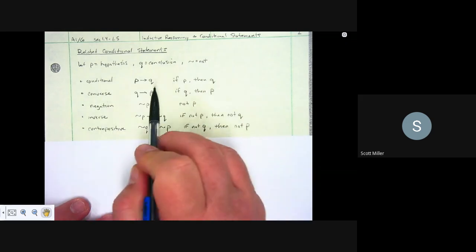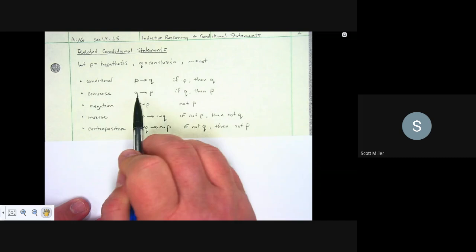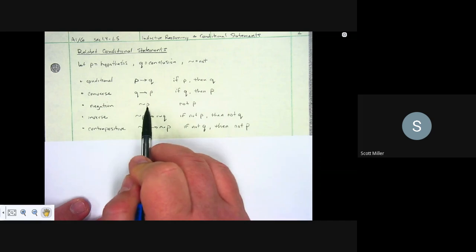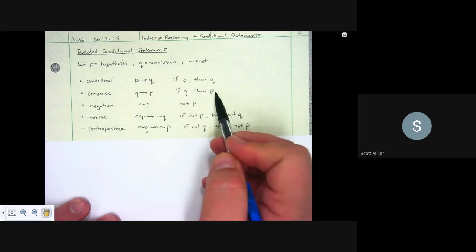The converse flips the conclusion with the hypothesis, and then it says, if Q, then P. That's what the converse statement means. Negation, if I put a little tilde in front of the P, then it means not P. So it means the opposite of whatever P said.